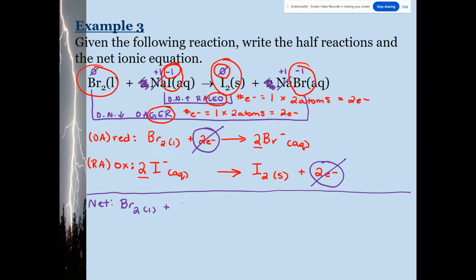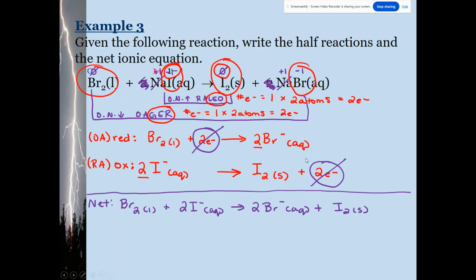I can just cancel the electrons and put everything together. So my Br2 liquid is reacting with 2 iodide ions to form 2 bromide aqueous ions and I2 solid.